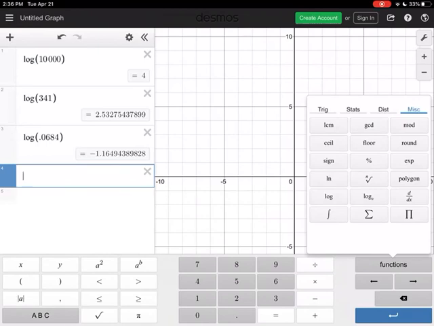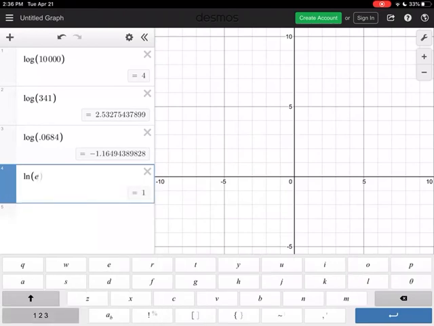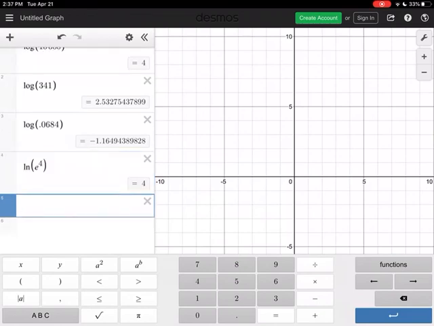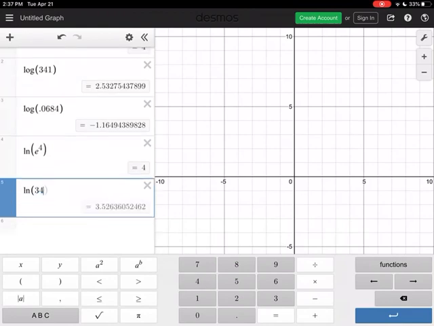So I have ln, so go to functions. There's an ln button. Natural log of e to the 4th, so on my calculator, e is being raised to the 4th power. There you go. Then using the same numbers, I'm going to do natural log, this time of 341. That's 5.832.